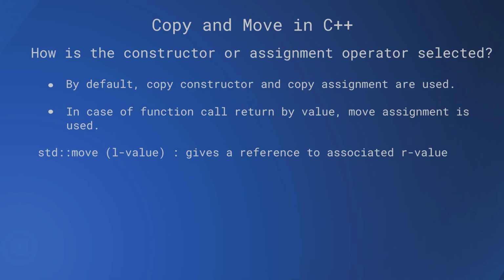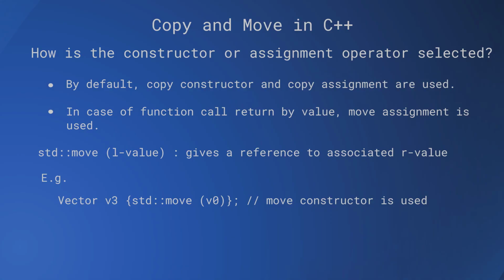But we can specifically write std::move(L value), which converts the L value into a reference to the associated R value, and the concerned move constructor or move assignment operator is used. For example, we can say vector v3 braces std::move v0 and the move constructor is used. And in the case of vector v5 braces v4, the copy constructor is used.